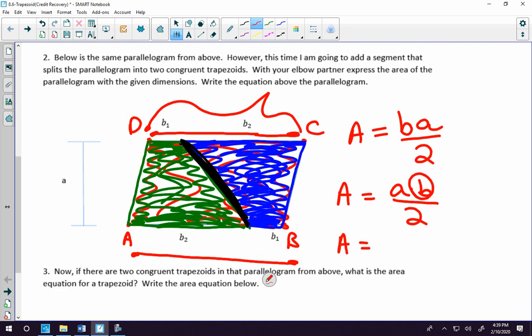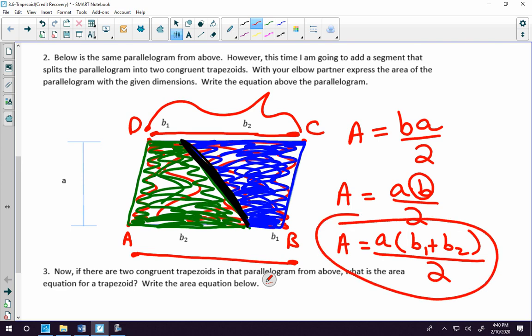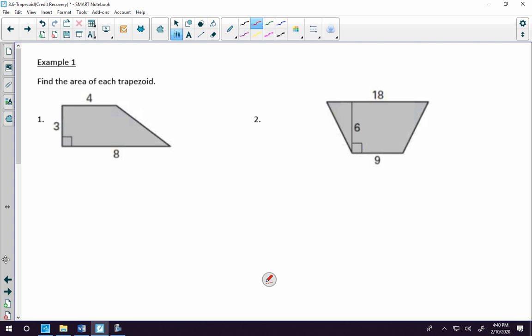So manipulating this equation a little more, instead of B for base for parallelogram, when we cut through the black segment, creating the two trapezoids, we now have to add those two bases to get back to the parallelogram. And now we've actually arrived at the formula for how to find the area or space inside of a trapezoid. It's the altitude times the quantity of base 1 plus base 2 divided by 2, or we could write it as 1/2 altitude times the quantity of base 1 plus base 2.